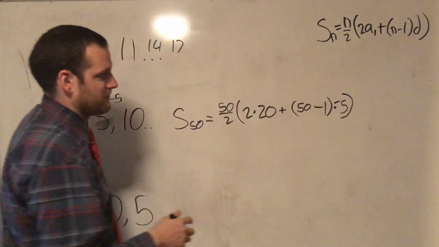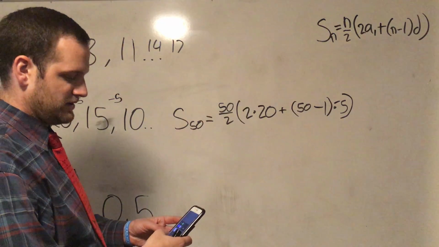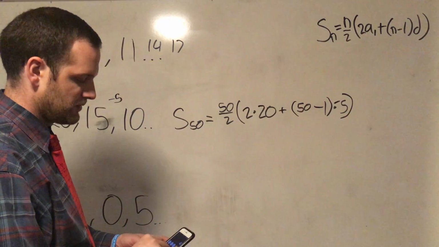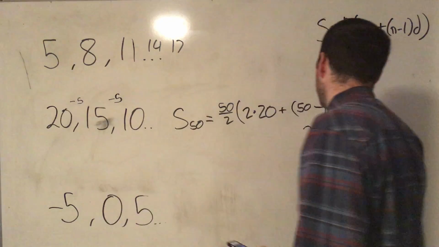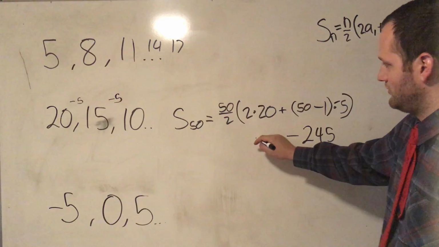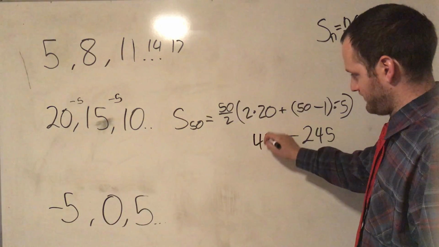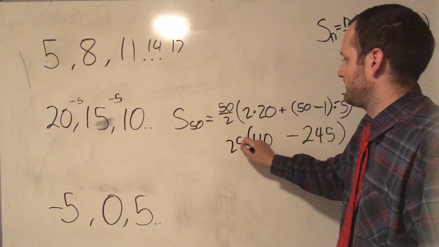Well, let's do some math. What's 49 times 5? I'm going to use my calculator. 49 times 5 gives me 245. But it's going to be negative. Now I've got 2 times 20. It's 40. Then this simplifies to 25.